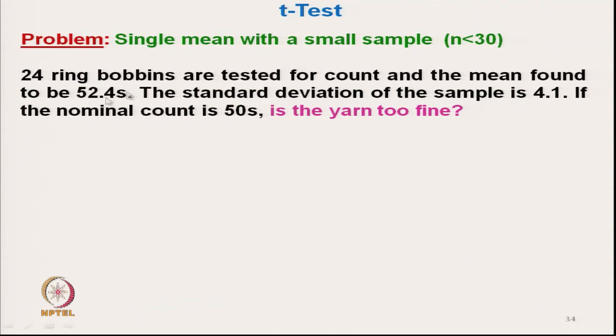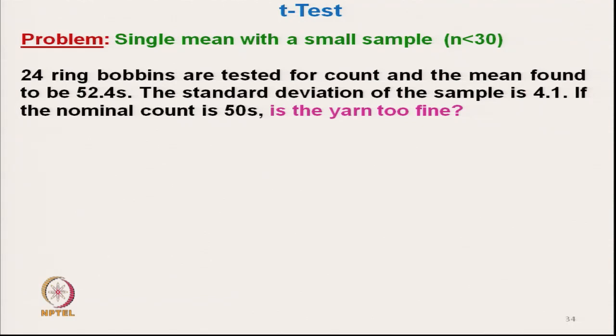Now, the problem is that 24 ring bobbins are tested. We have tested 24 ring bobbins for count, and the mean count is found to be 52.4. And the standard deviation of the sample we have got is 4.1, and the nominal count of the yarn is supposed to be 50.